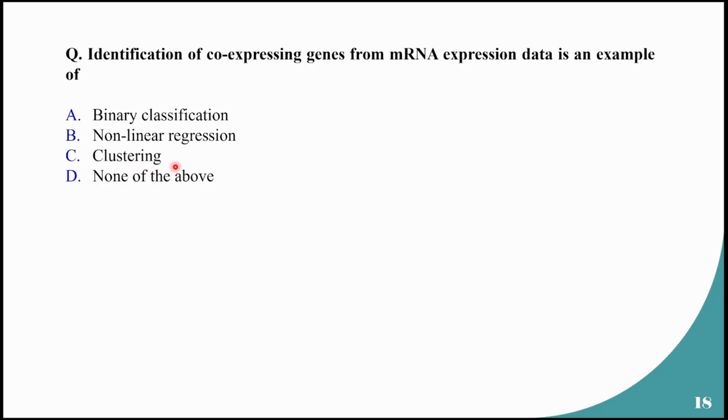In this particular case, you can make use of clustering. In the earlier case, we saw that we can build a regression model. But here, since it's talking about co-expressing genes, and you have mRNA expression data, you can cluster them, and based on the similarity, the different groups generated in the clustering give you an idea about co-expressing genes.